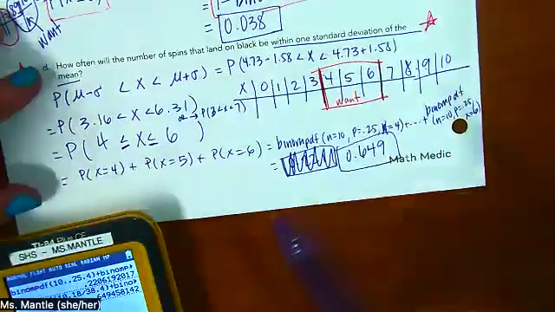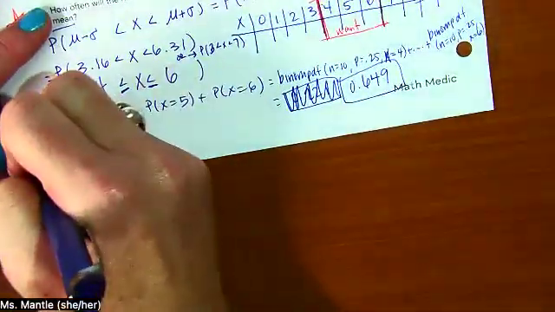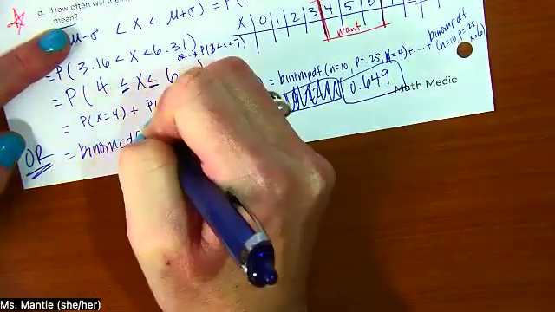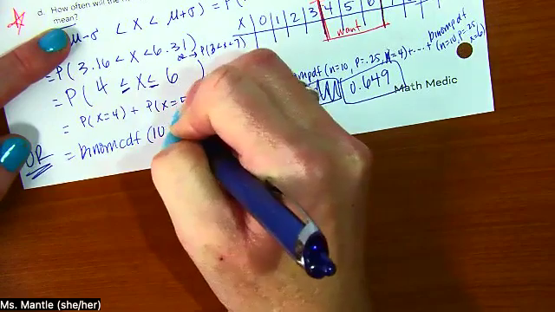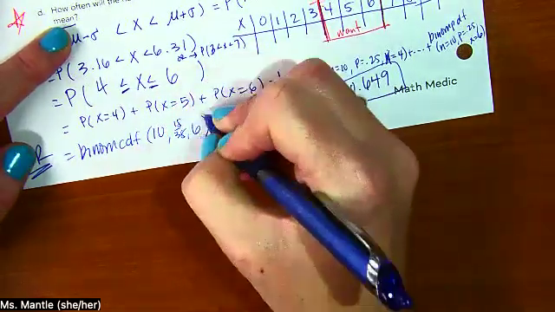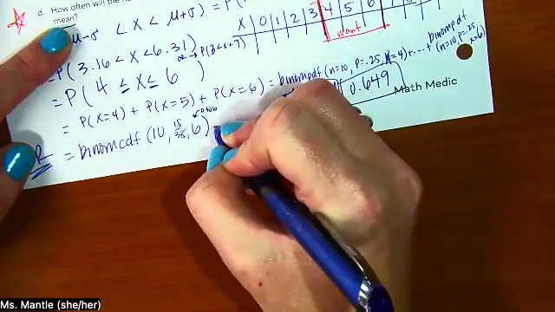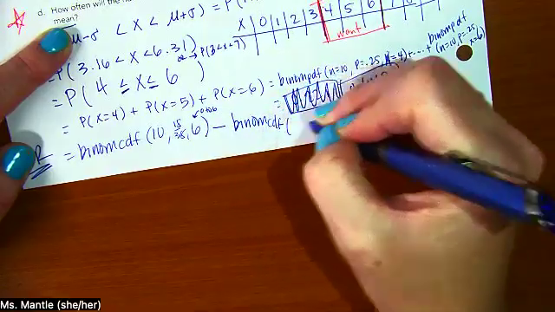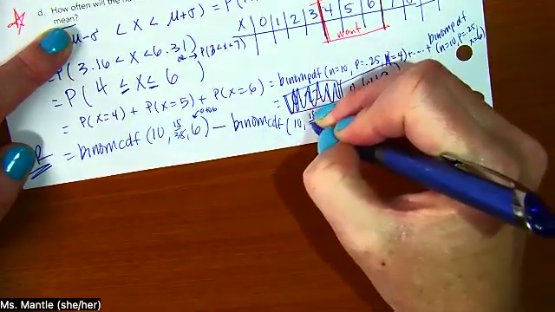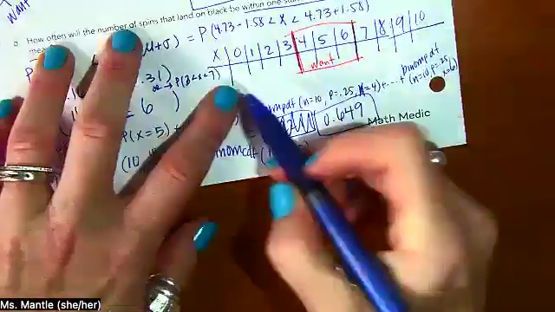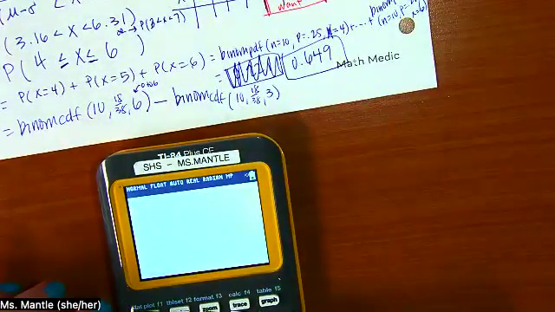So maybe that would be more elegant here. We could do a binom CDF 10, comma 18 out of 38 up to 6, right? This is from 0 to 6. And then we could minus the binom CDF 10, 18 out of 38 to 3, right? We're going to subtract the 0 to 3 part. Maybe that would be more helpful.